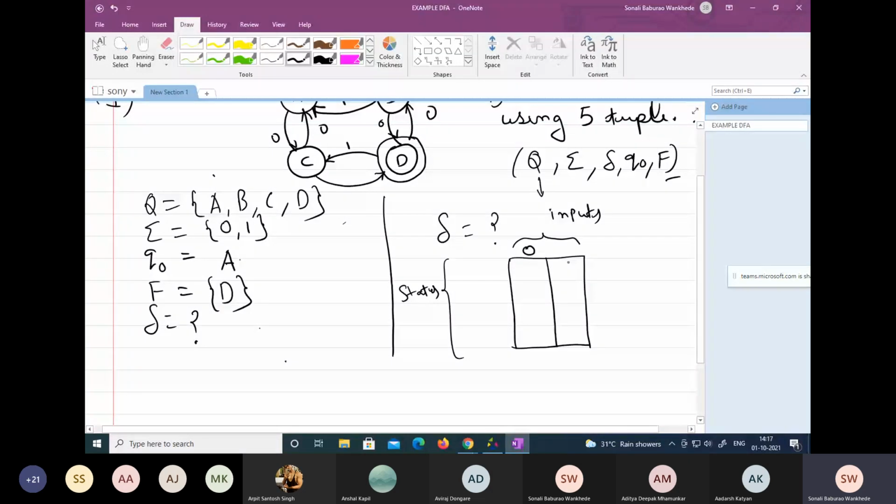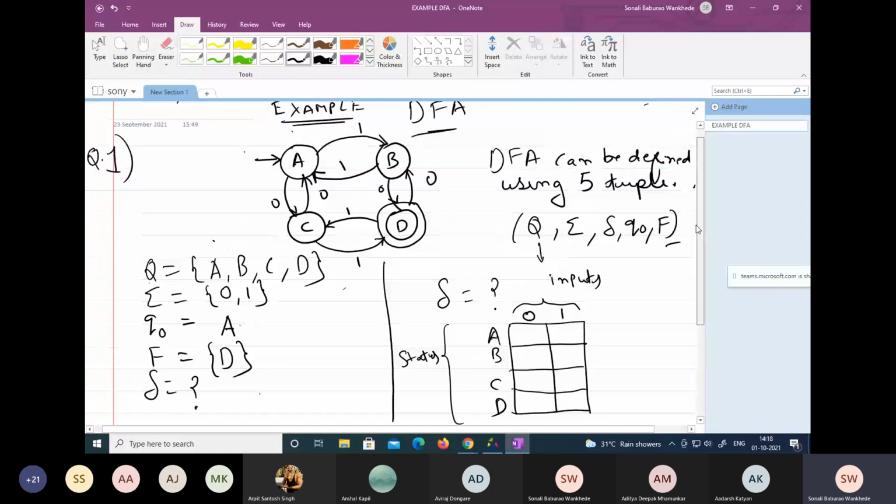Okay, the last value we have not written, just give me a few seconds to write it down. It is 1. And my states are 4 states, A, B, C, D. Now check in the state diagram and tell me the values over here. What can be the values over here? Just tell me.